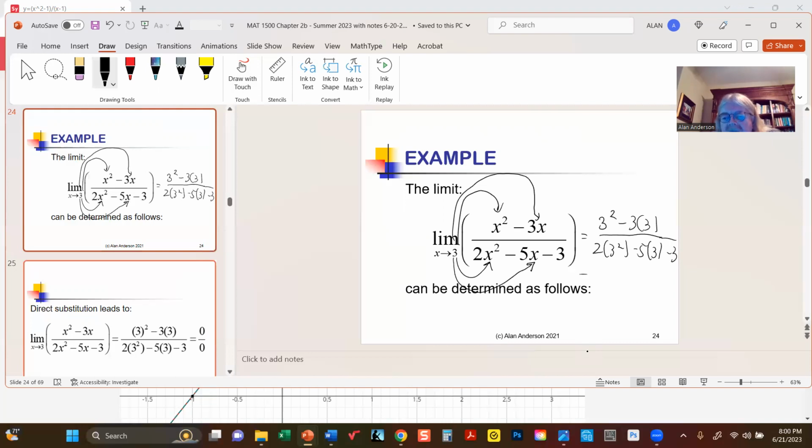What do we have? 9 minus 9 over 18 minus 15 minus 3. Yeah, there we go. 0 over 0. Oh, now what are we supposed to do?